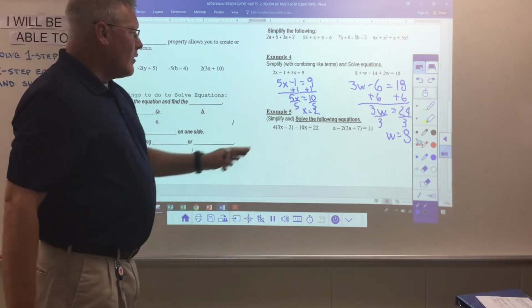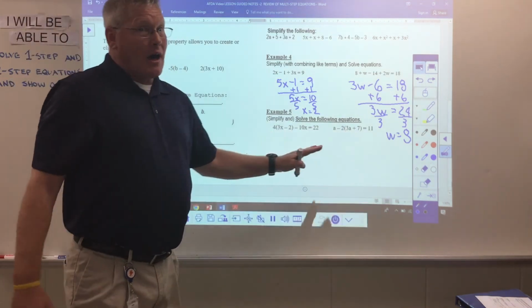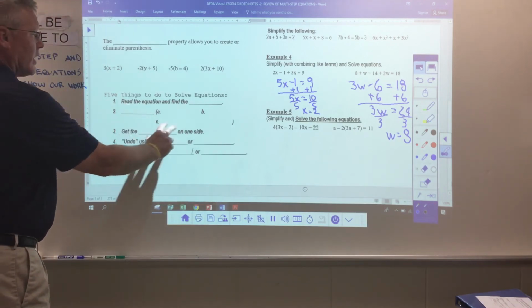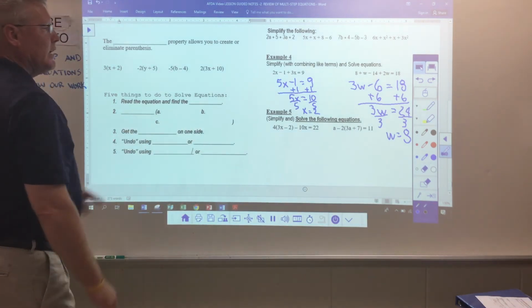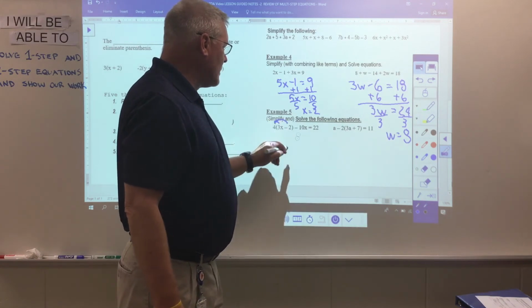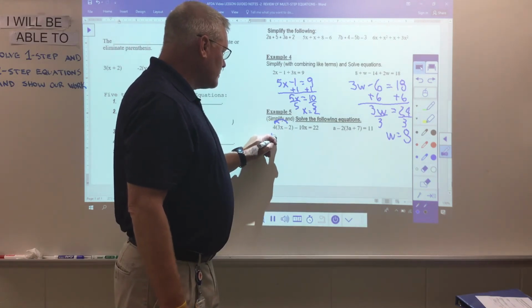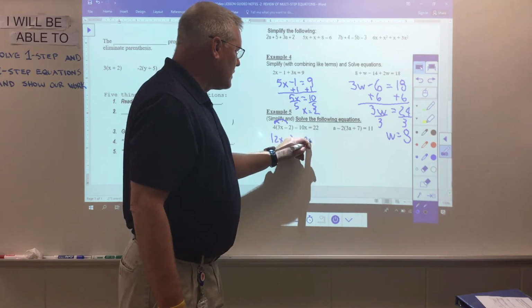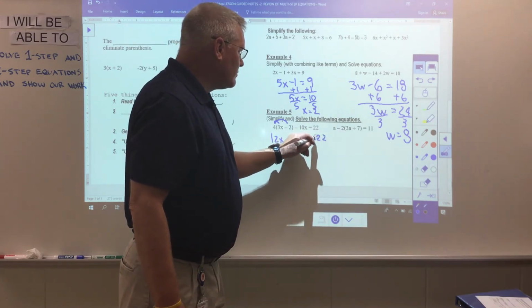Thanks. Now, this guy right here, these are combo problems where, if you remember back over here at these steps, we're going to use two things. We're going to use B and C here to simplify this. So we're going to use distributive property first. We get 12x minus 2 minus 10x equals 22.